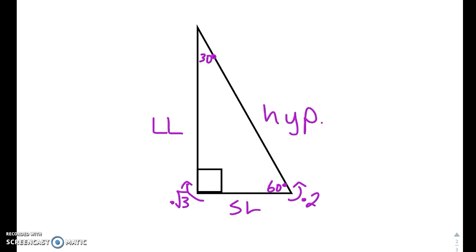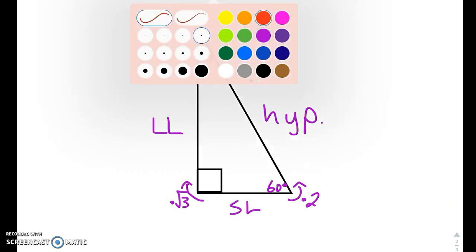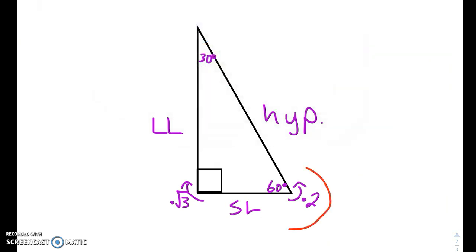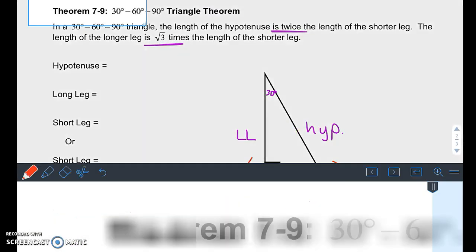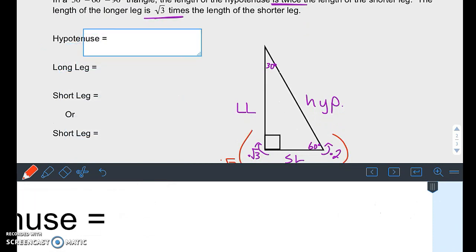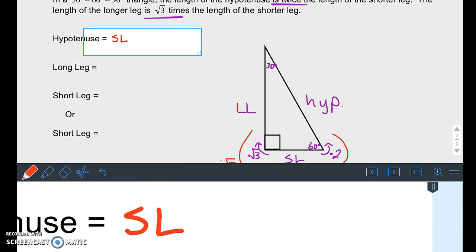Alright? And obviously if we go backwards, let me get a different color. If you move from hypotenuse to short leg, you divide by 2. If you move from long leg to short leg, you divide by radical 3. So if you want to write your theorems down, the hypotenuse is 2 times the short leg.